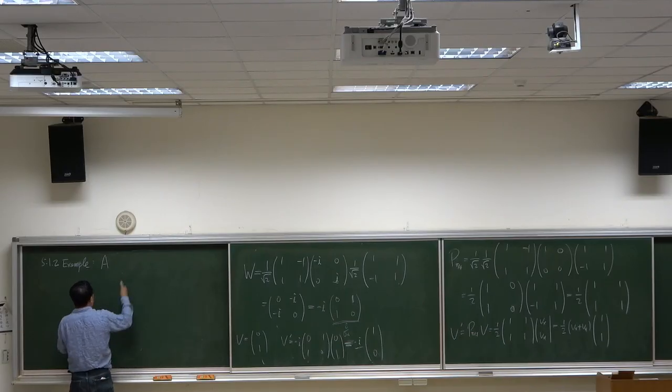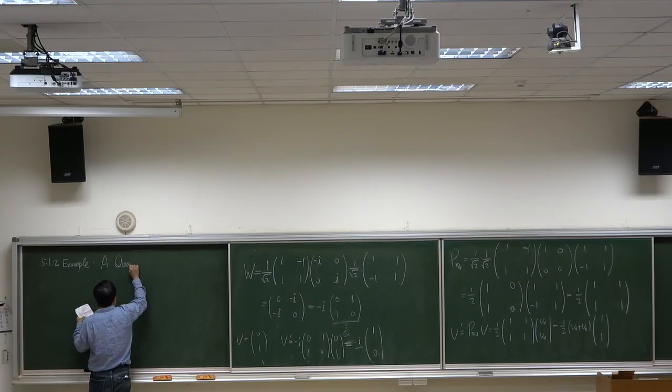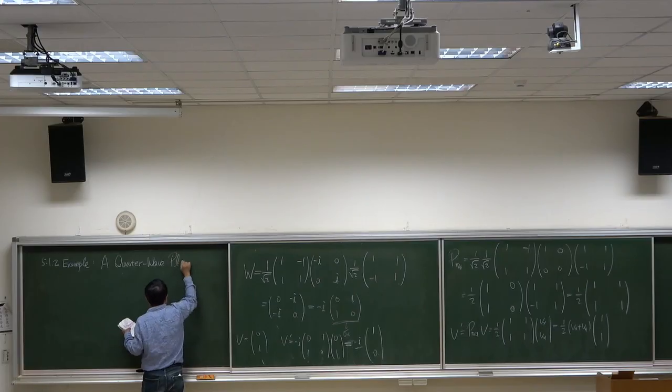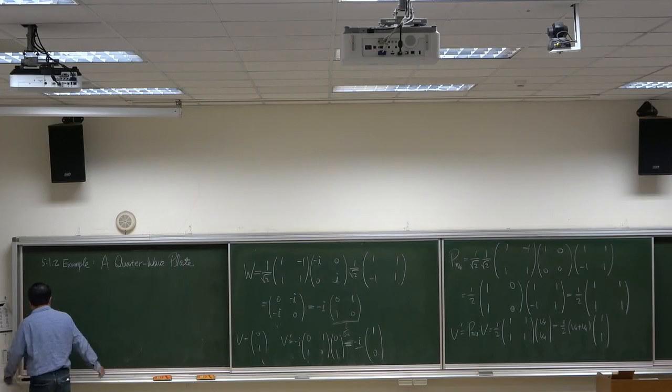Quarter wave plate. A quarter wave phase means gamma is equal to half pi. Okay.